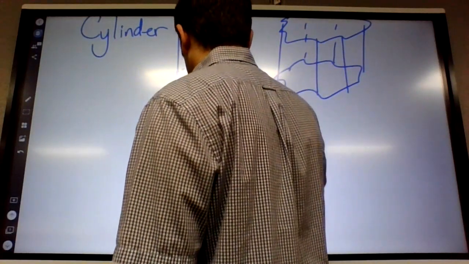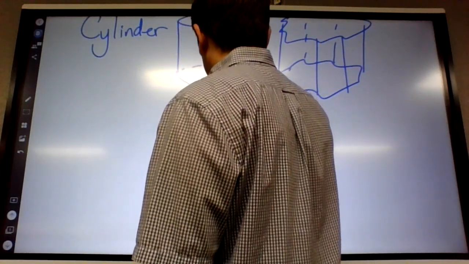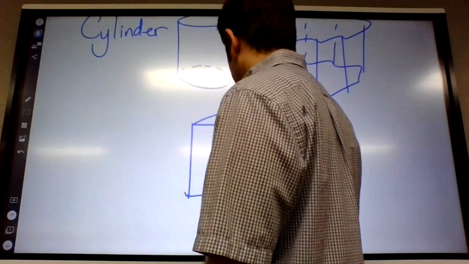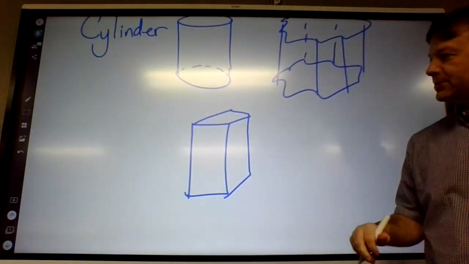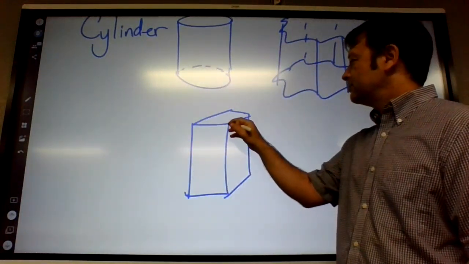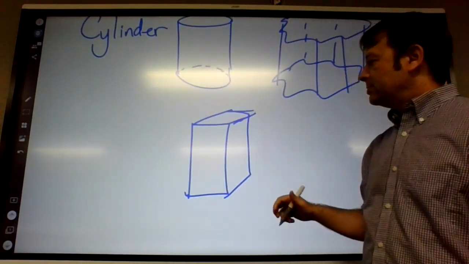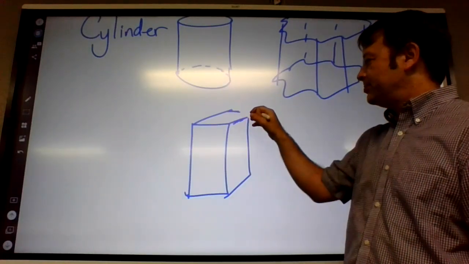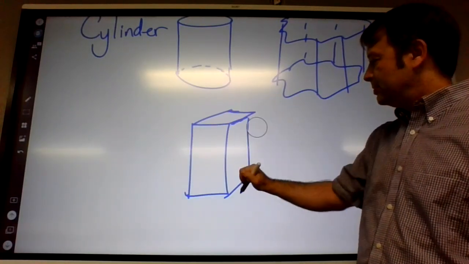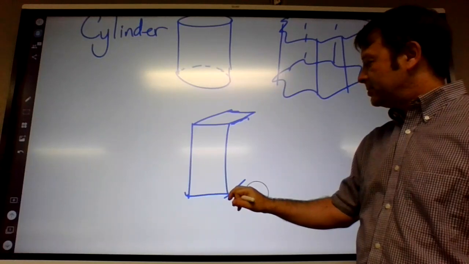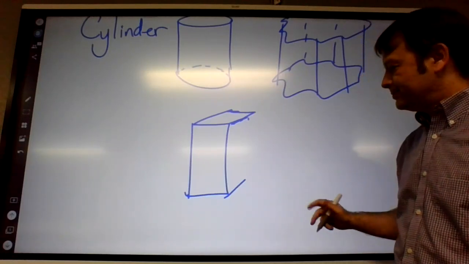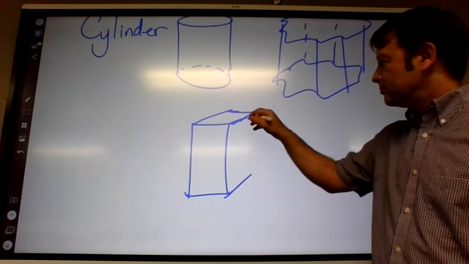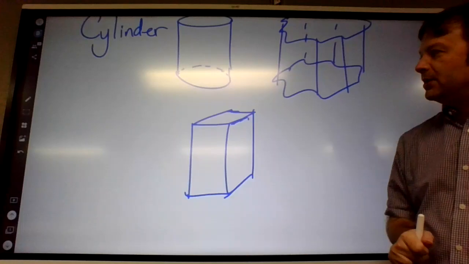Okay, and what is this called? I didn't draw it very well, but it's okay. Rectangular prism. Yeah. So a cube is kind of like what it is, but this one's not a cube because all the sides aren't equal. Computer's kind of dying on me. All right.